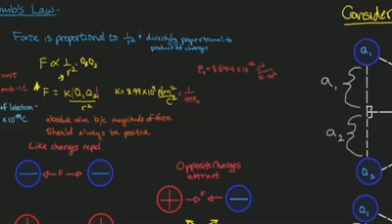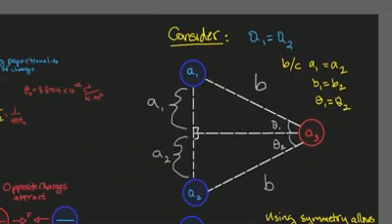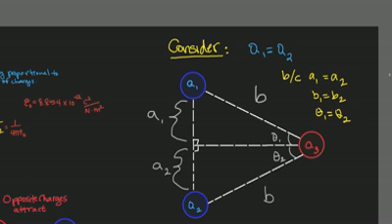Okay? So let's consider this scenario, just as an example, in which we have Q1 equal to Q2, and Q3 is located at some distance d away on the perpendicular bisector of this line here, meaning that A1 is equal to A2.